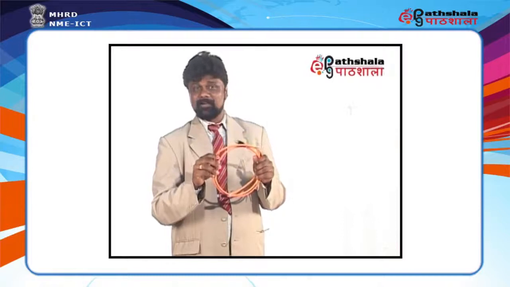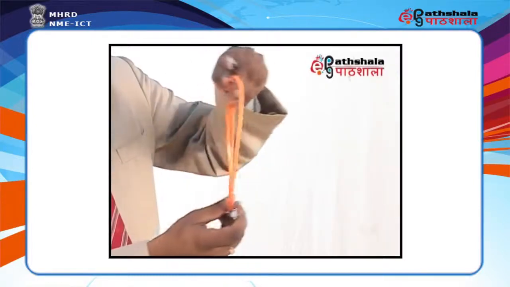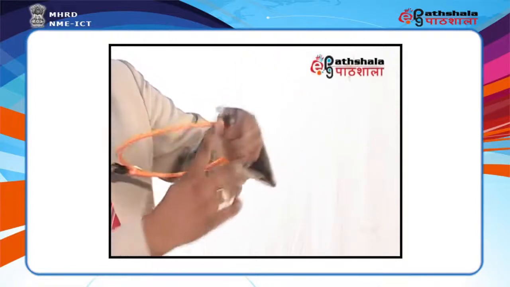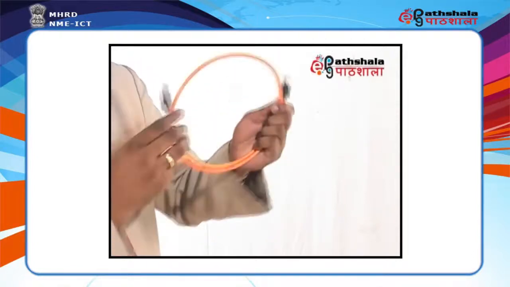Here it is even foiled, the latest one, so that we do not lose any signal, and this Cat7 gives 1 gigabit speed on the network. In infinite centers this kind of Cat7 cabling is used, and the connector is almost similar to what you have seen, the RJ45 connector used in Cat6.